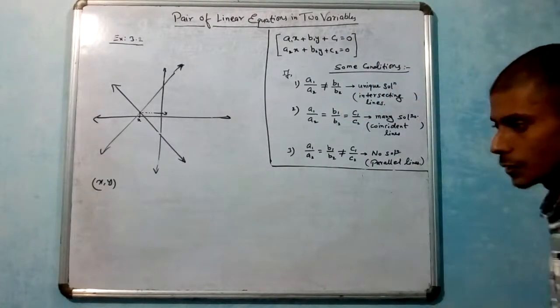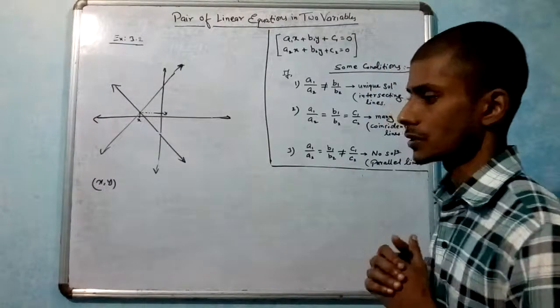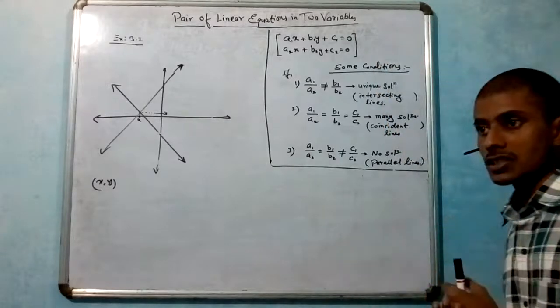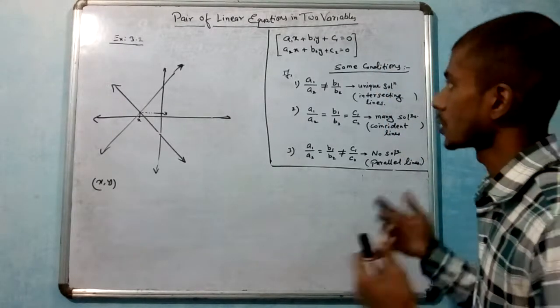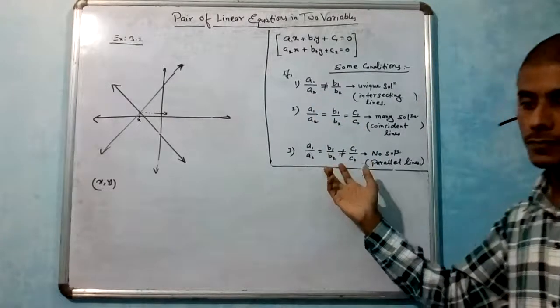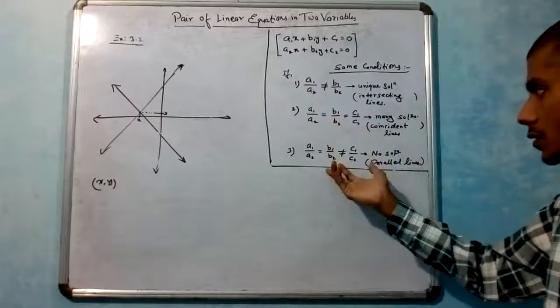If we do not have a consistent pair of equations, don't solve them graphically. Just write inconsistent pair of equations there. So to know whether the equations are a consistent or inconsistent pair, what do we have to do? We have to find the ratio and compare like this, isn't it? So just like that, we will compare first.